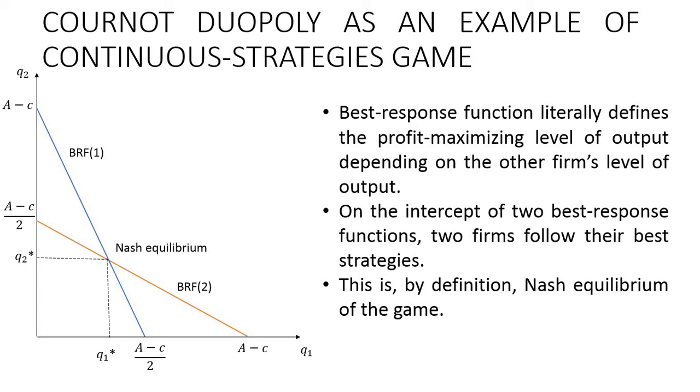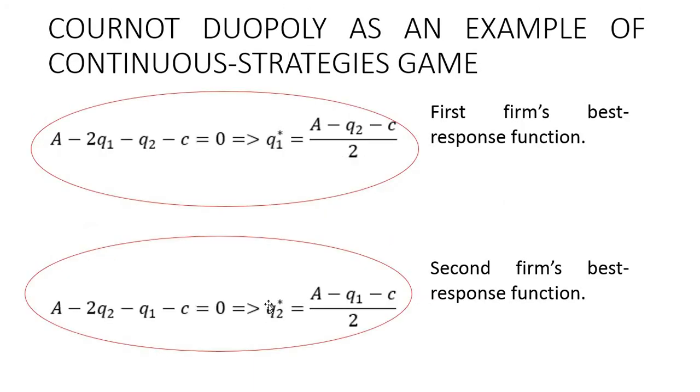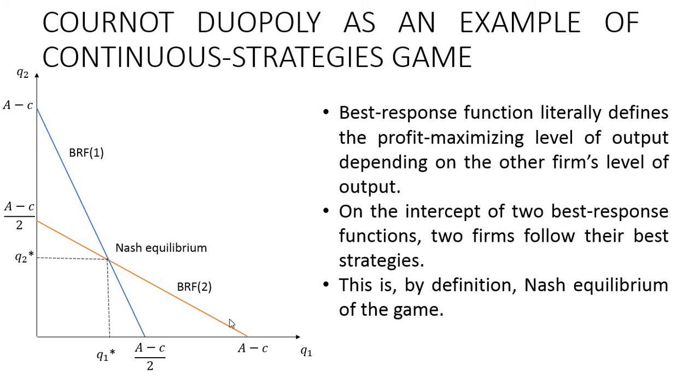So it's relatively easy to depict this function when it comes to the second firm, because here you have Q2 expressed as the dependent variable, and then the intercept of this function will be equal to (a minus c) over 2, and the slope of this function will be equal to negative 1 over 2, as you can see here. But you can also apply some simple algebra and detect the value of vertical and horizontal intercept when it comes to best response function of the first firm.